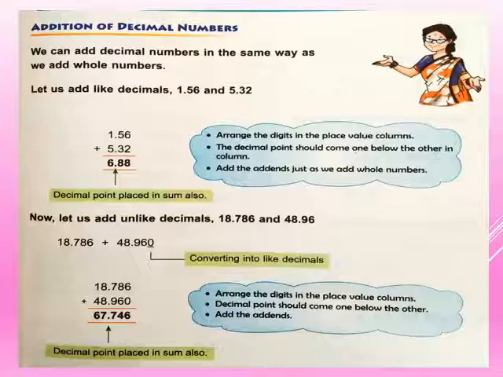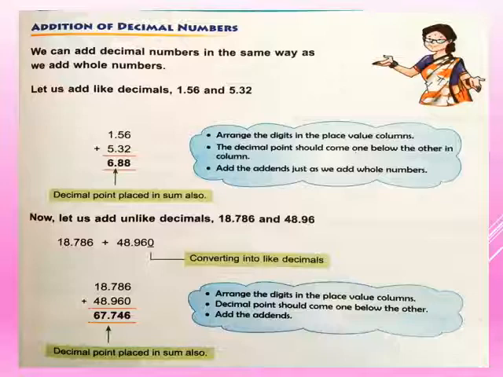Then the decimal point should be placed in the sum. So we write the decimal point as it is, and then 1 plus 5 means 6. It's a simple addition with the decimal point. This first question is of like decimals. See, the decimal places after the digits are 2 decimal places.